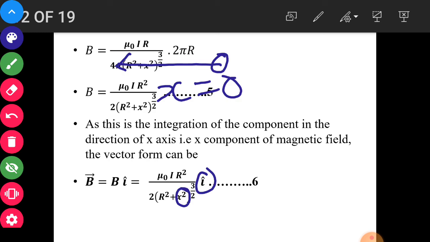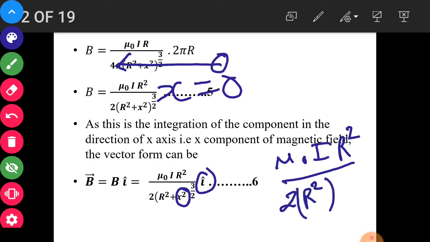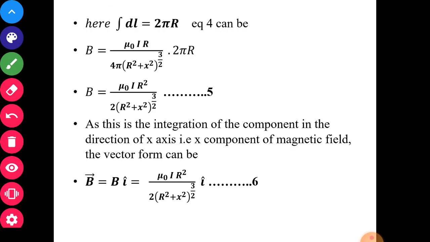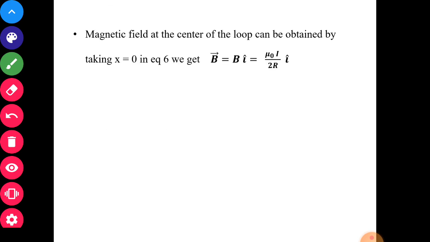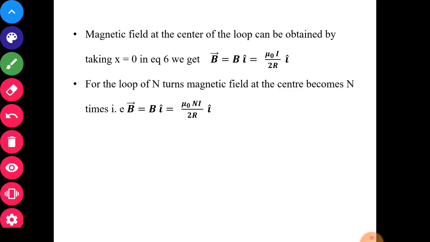So it becomes mu 0 I r square upon 2 r square raised to 3 by 2. This becomes 2 r cube, and r square cancels out with this, and r remains in the denominator. So mu 0 I upon 2r i cap will be the equation.